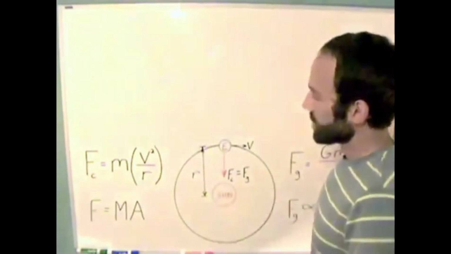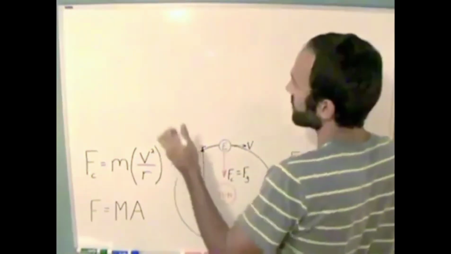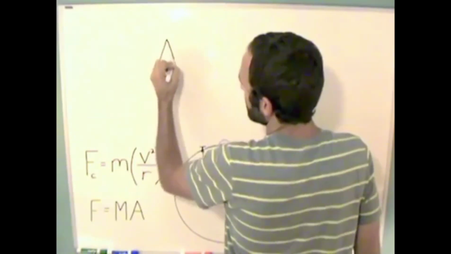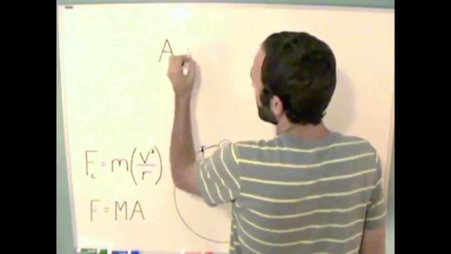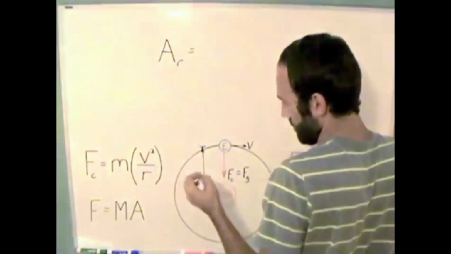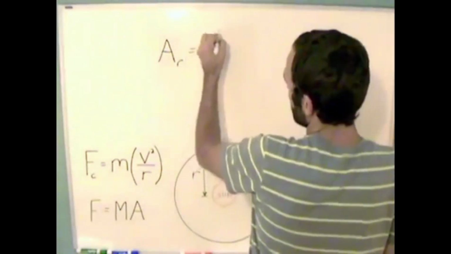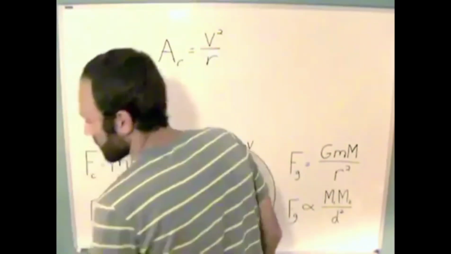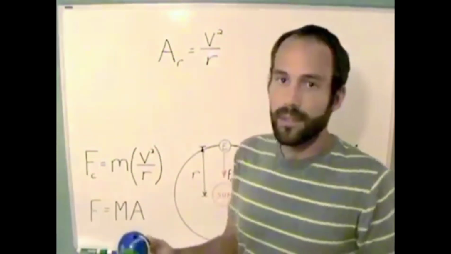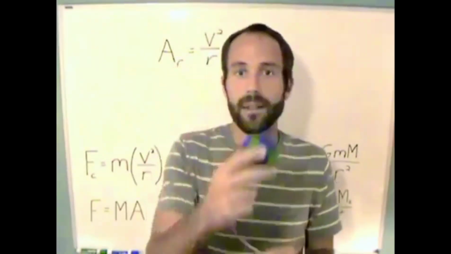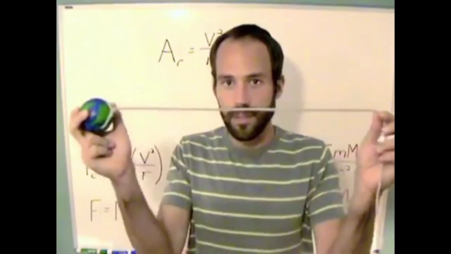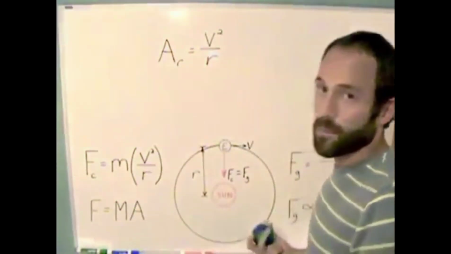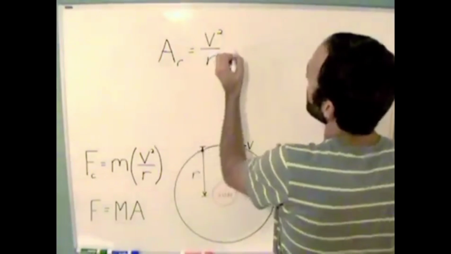Just to show how this works, angular or centripetal acceleration, commonly called a_r, is equal to v squared over r. Let's say, for a quick example, that when I'm spinning this, it's traveling at 1 meter per second, and the length of this string is 1/10 of a meter, just to keep it easy, which is 0.1 meters.